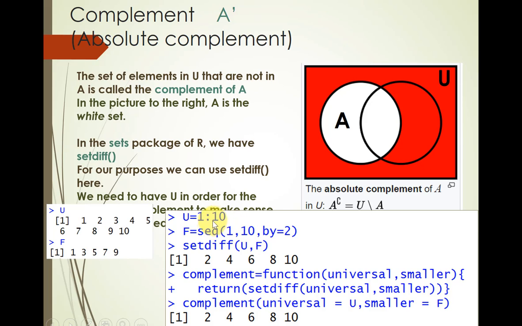So here's U, 1 through 10, and F is, I don't know if we covered this function yet, but 1 colon 10, we've done that many times, that's everything from 1 to 10, 1, 2, 3, 4, 5, 6, 7, 8, 9, 10. This is kind of a more flexible version of colon.